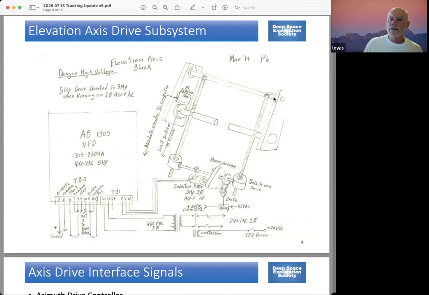So just one note, in the azimuth axis, the azimuth rate is proportional to the motor rate directly and linearly. With this linear actuator in it, there's a variation for a given motor rate across the elevation range, and we measured this one time a while back.